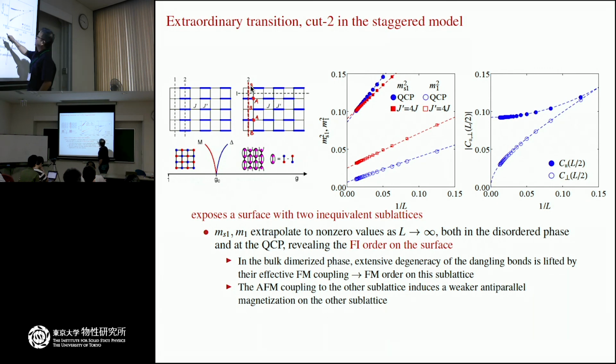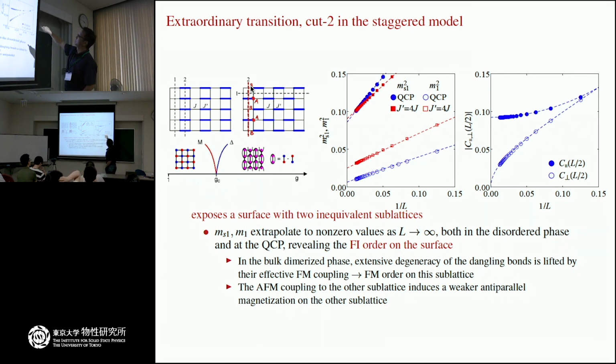And we can see even at J prime much larger than J, where the bulk is in a deep disordered phase, we still see very strong order. And of course, this is the critical point.